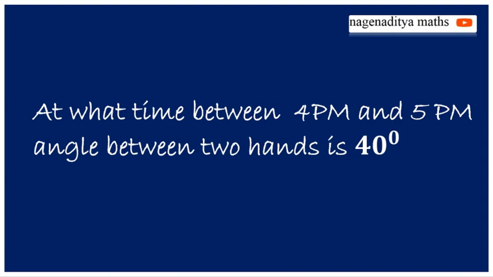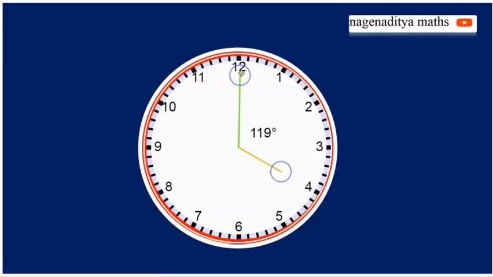Before doing the problem, let us observe the figure. I drag the minute hand towards the hour hand and make the angle 40 degrees. So the time may be 4 hours 19 minutes. I drag the minute hand once again and make it coincide. The angle is 0 degrees.